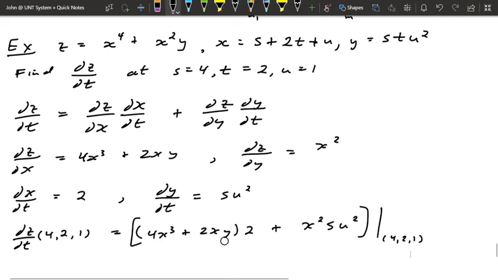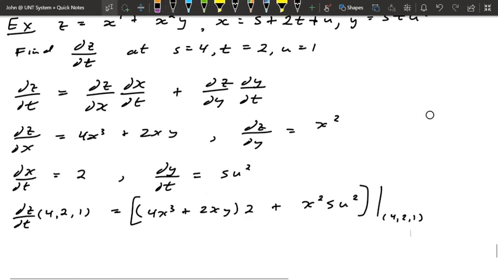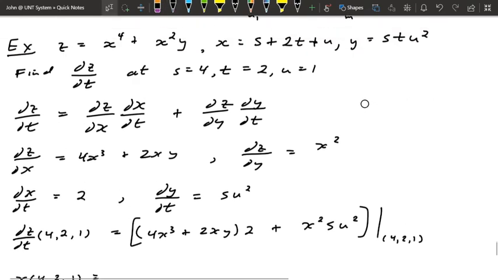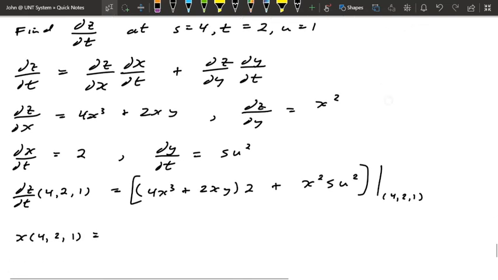Now x and y are appearing in this formula, and they themselves are functions of s, t, and u. So we would actually be good to compute x and y separately at those locations, 4, 2, 1. Sorry, I didn't do this in the best order.